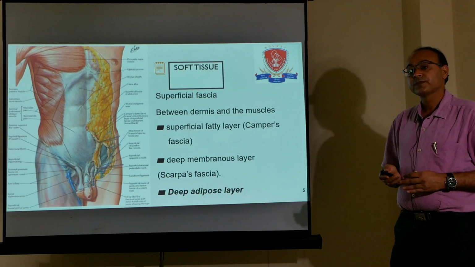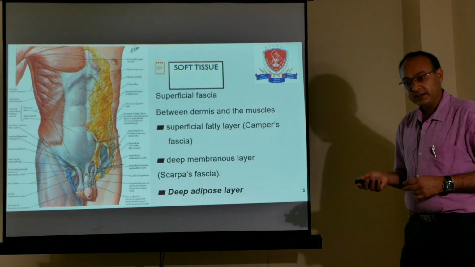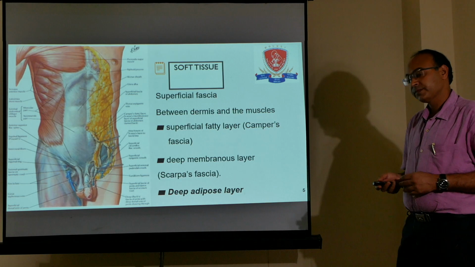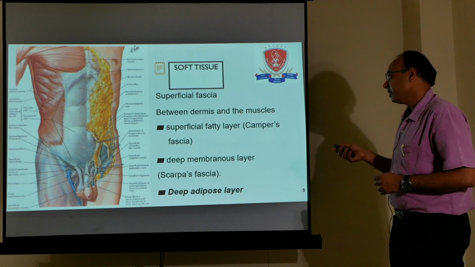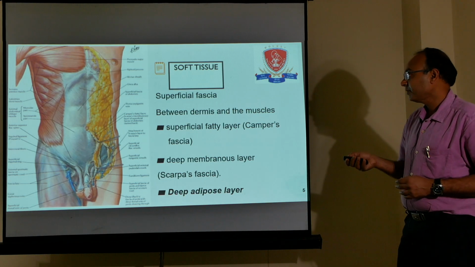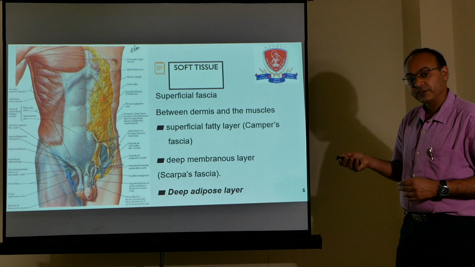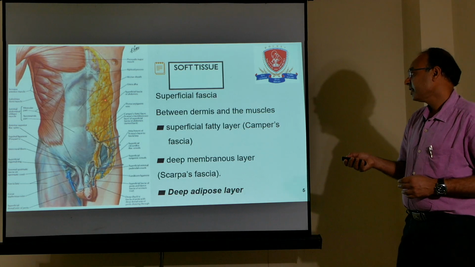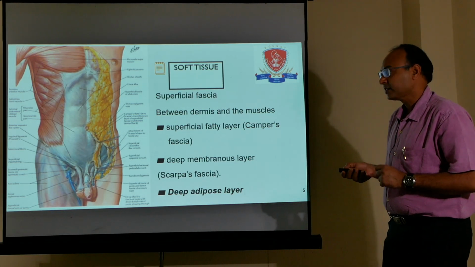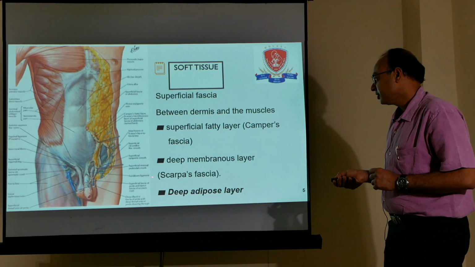The soft tissue is again divided into 2 parts, the superficial fascia and the deep fascia. The superficial fascia is again divided into 2 parts: a superficial fatty layer, also called the Camper's fascia, and a deeper membranous layer which is called the Scarpa's fascia.